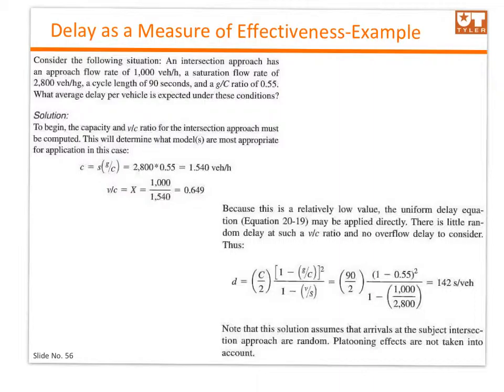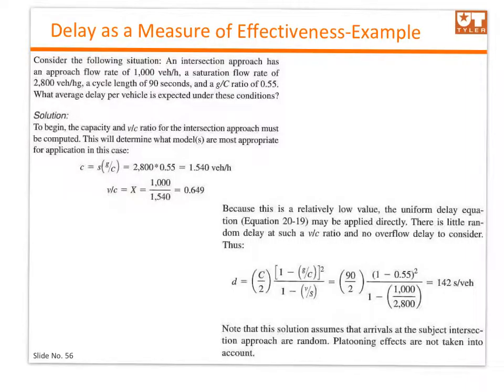Because of this, the uniform delay equation in your textbook may be applied directly. There is little random delay at such a v over c ratio, so we're not going to consider random delay, nor overflow delay in this case. The only thing we're going to consider is uniform delay.